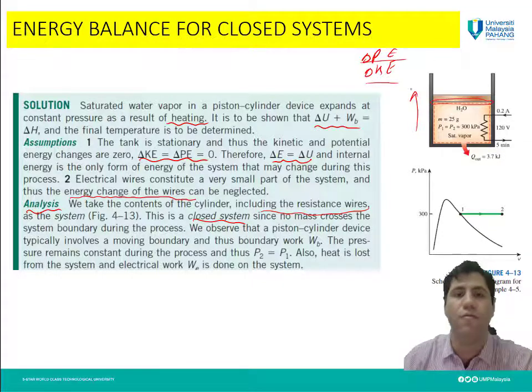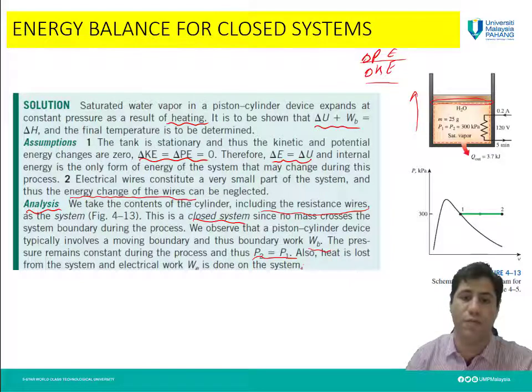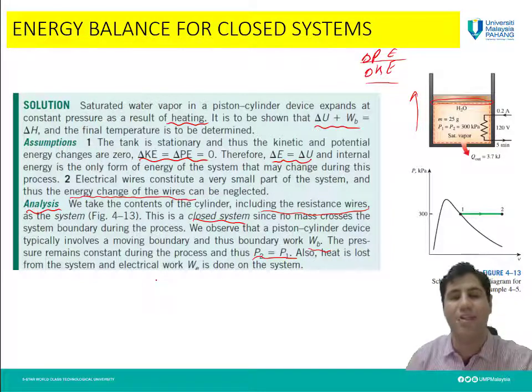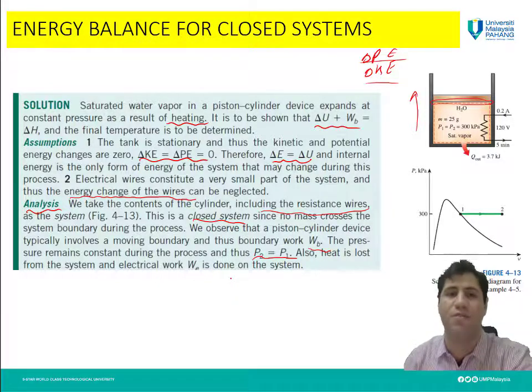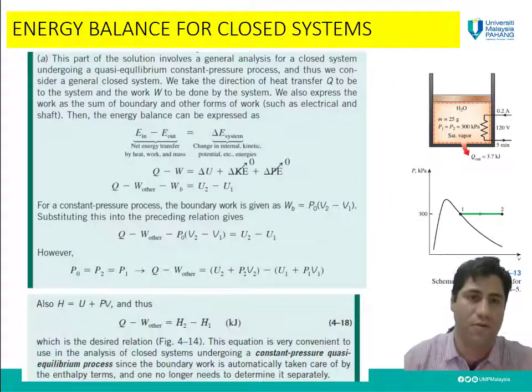It will move, and we will have boundary work, which we discussed in a previous session. The pressure remains constant during the process according to the question instruction, P2 equal to P1. Heat is lost from the system, and the electrical work, WE, is done on the system. This is the information which we have for our system.